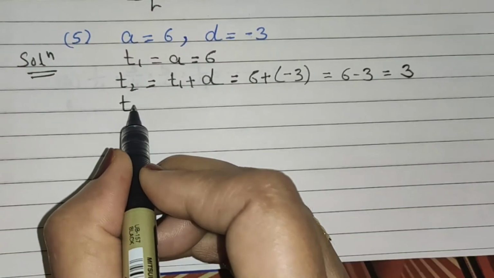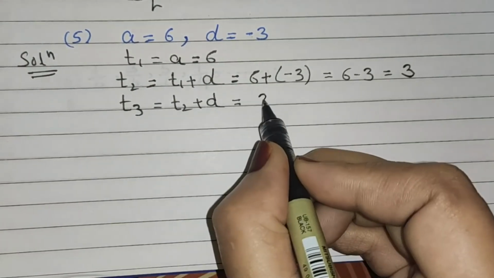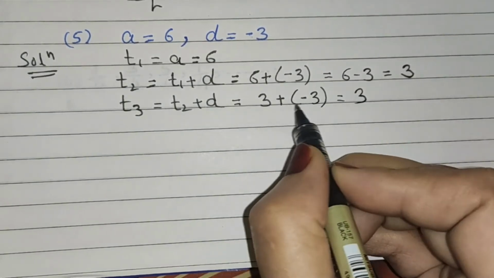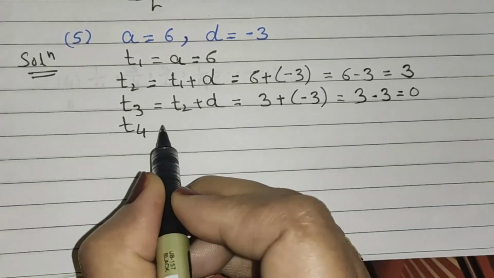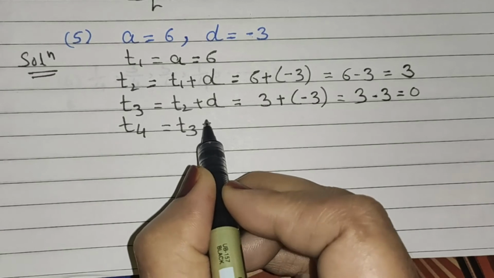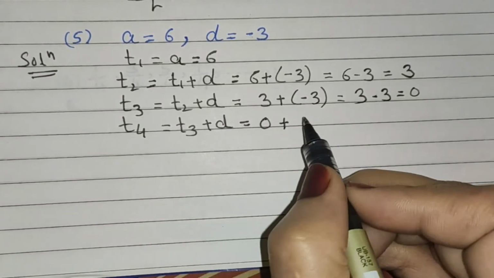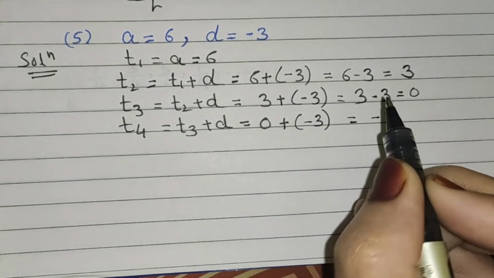Next, T3 is equal to T2 plus D. 3 plus minus 3 is equal to 0. T4 is equal to T3 plus D. T3 is 0 plus the value of D is minus 3. Therefore, we get here minus 3.